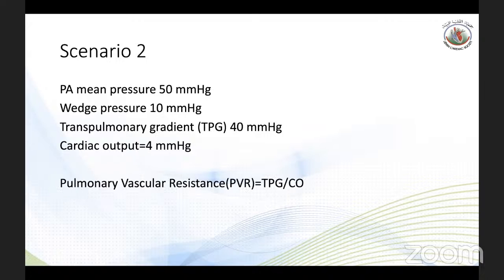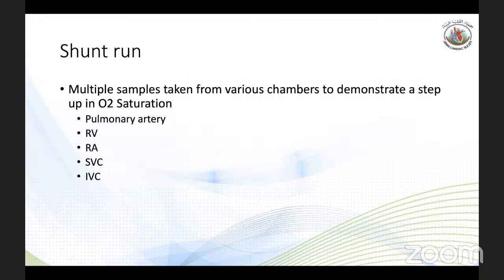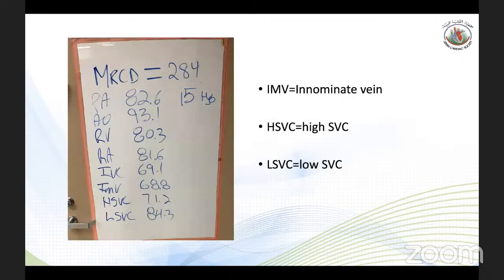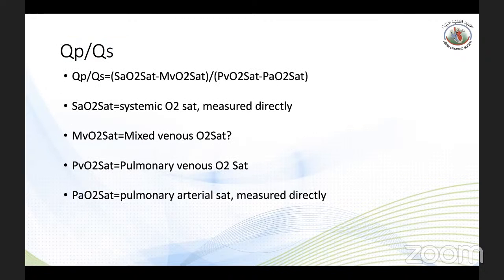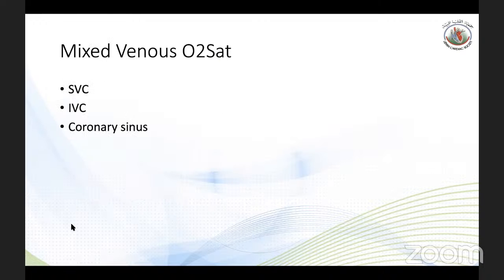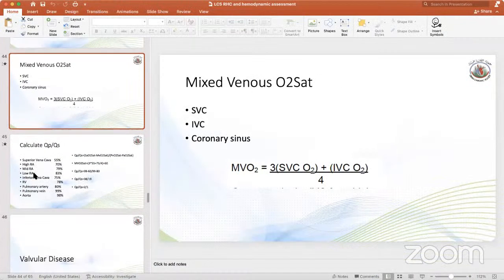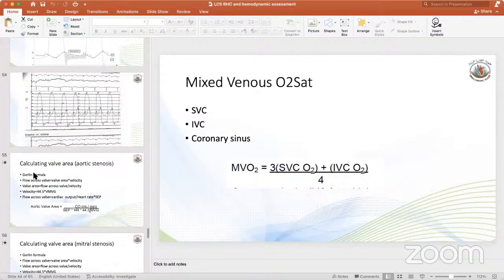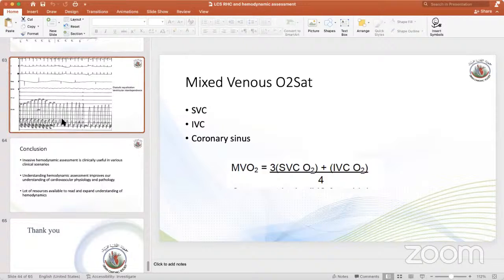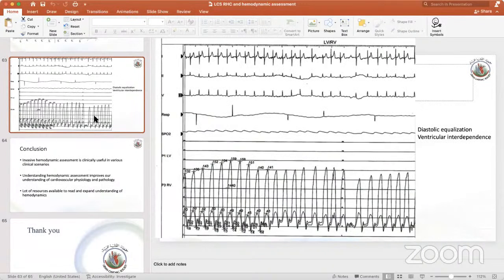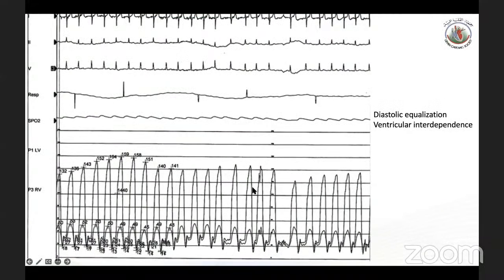Thanks a lot. I was muted, but for us the most important thing is equalization of pressure between the 4 chambers at end diastole, which is the hallmark of differentiation between constrictive and any other disease. So we have to have right and left heart catheterization, and if we have this equalization of pressure between the left and the right at end diastole, this is one point in favor of constrictive pericarditis.